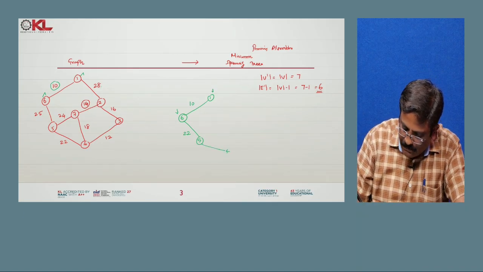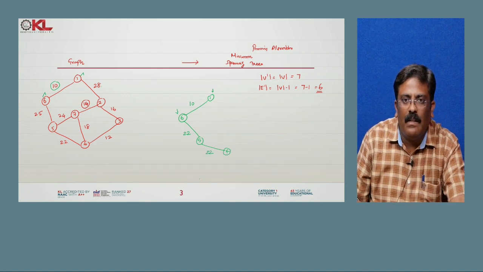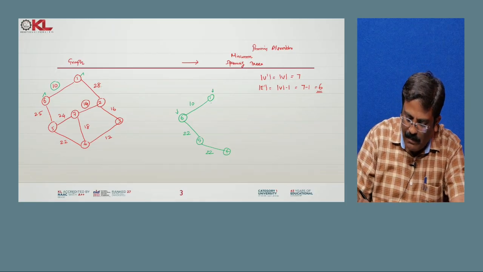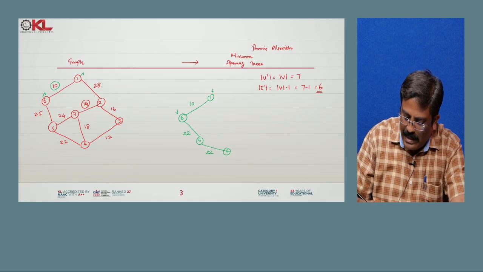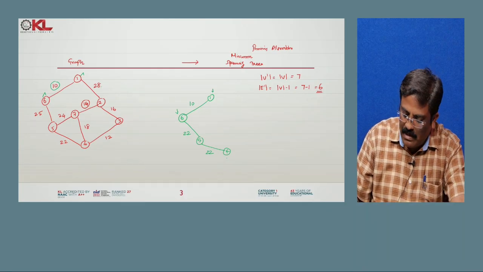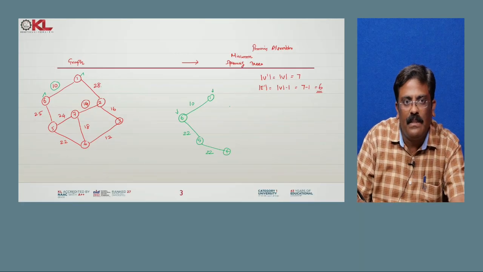Now what else is possible? I can check the possibility of visiting from 1, because 1 is still open, and from 5 and from 4 I can check the neighbors. From 1 we can visit 2, with weight 28.